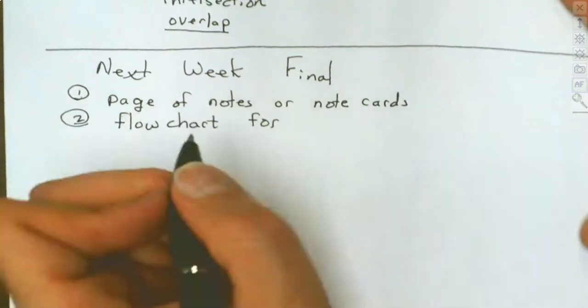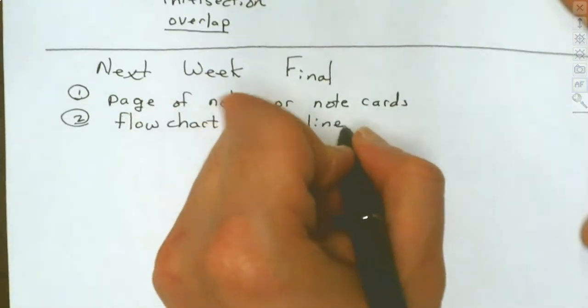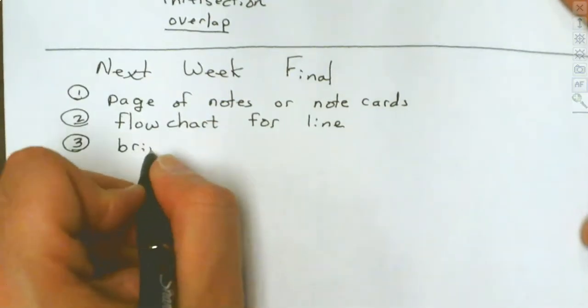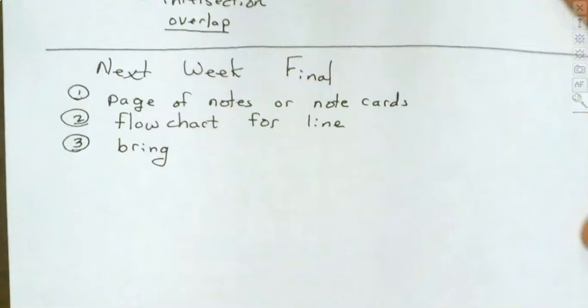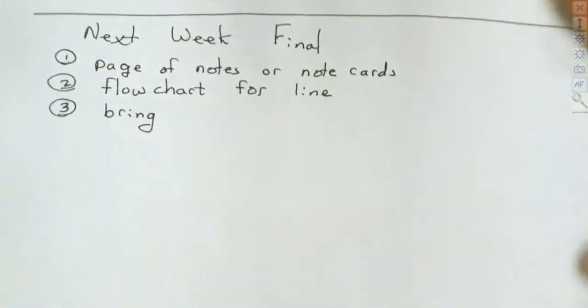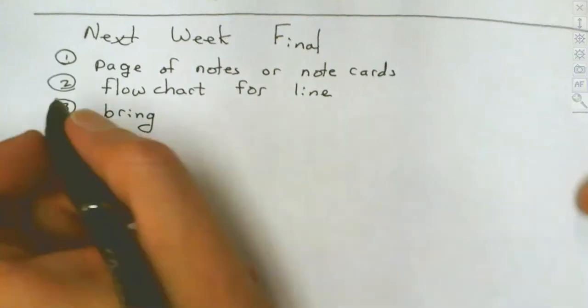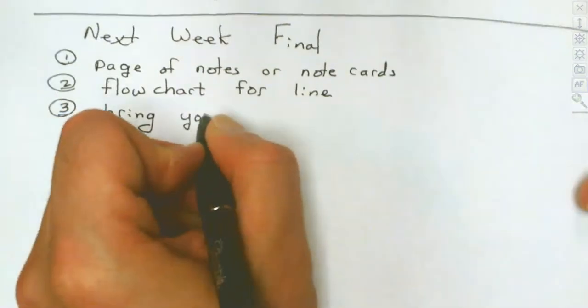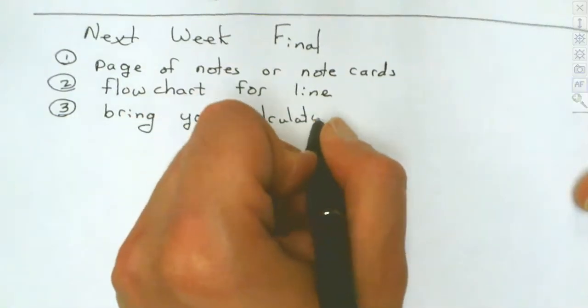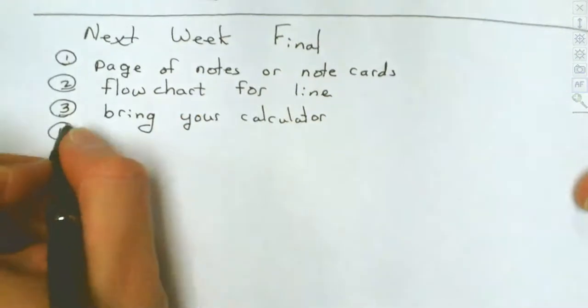You want to make sure you bring your own calculator. If you don't have one, I can get you one. But if you've been using the same calculator, you'll do a lot better if you just bring that calculator to class and use that one instead of a different one, because you don't want to change things when you take your final. So you want to make sure you bring your calculator. And scratch paper as well.